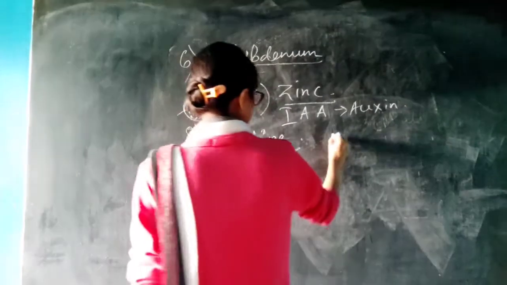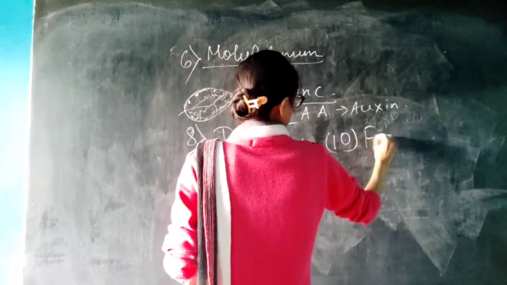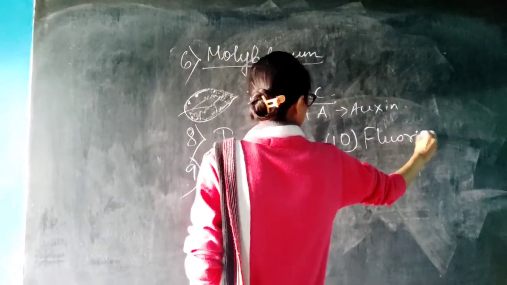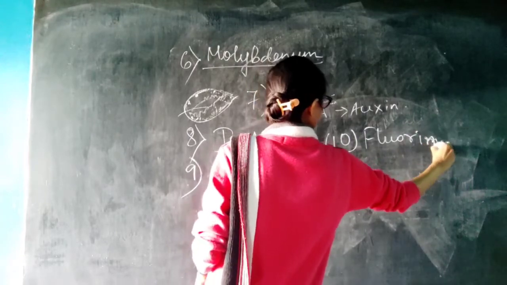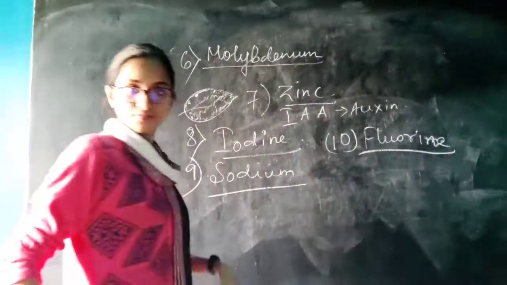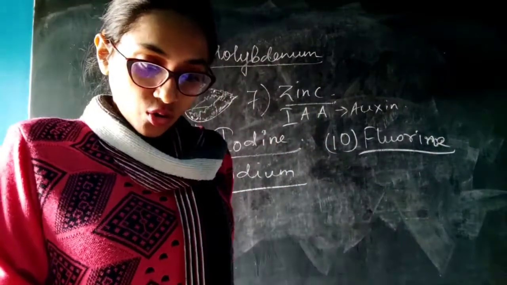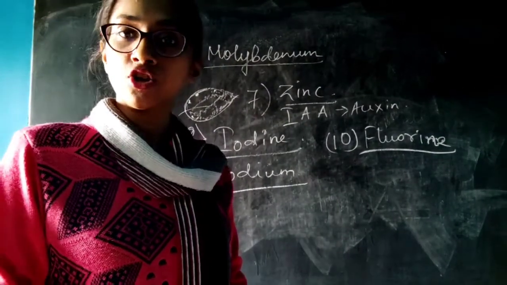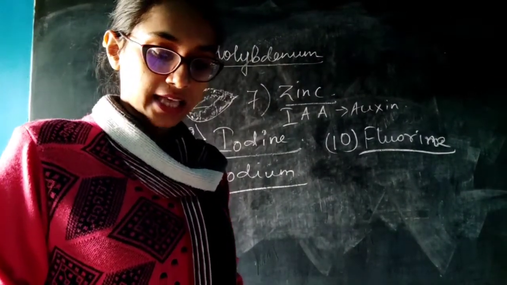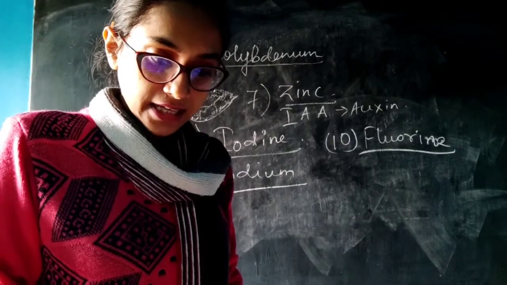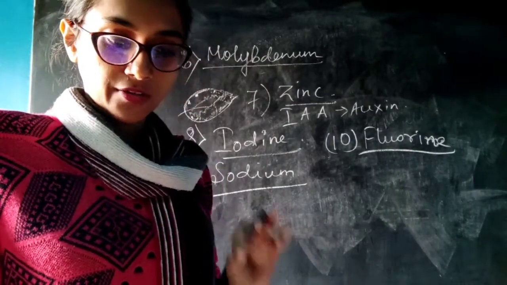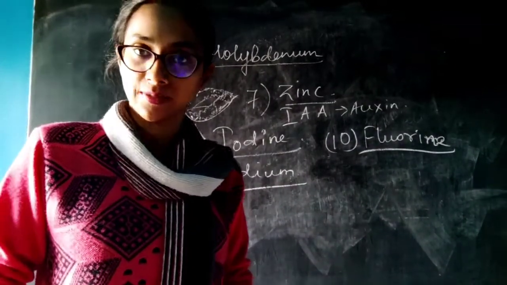Number 10, fluorine. The next microelement, fluorine. Okay. Roles in plants are still not known. In case of animals, it helps in proper development of bone and teeth.